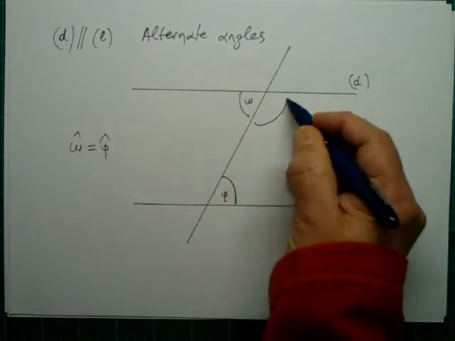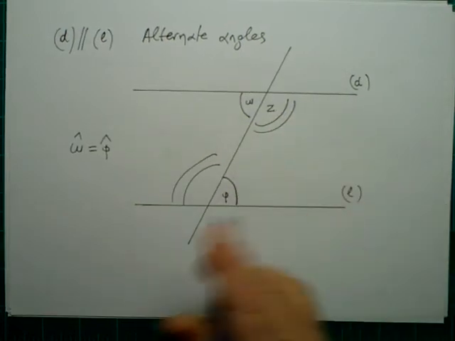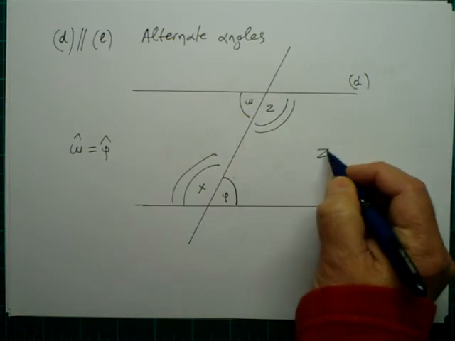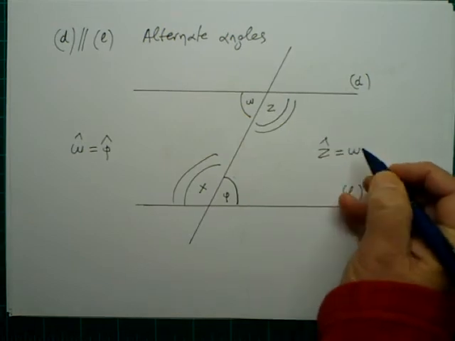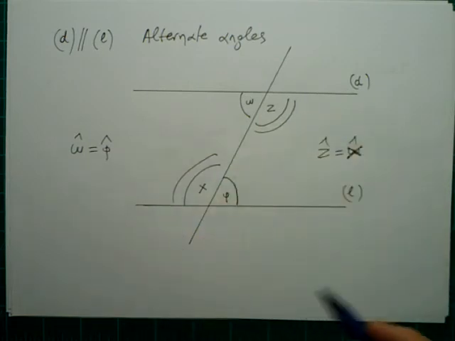Also, these two angles here, the angle z and the angle x, are also equal, because they are also alternate angles.